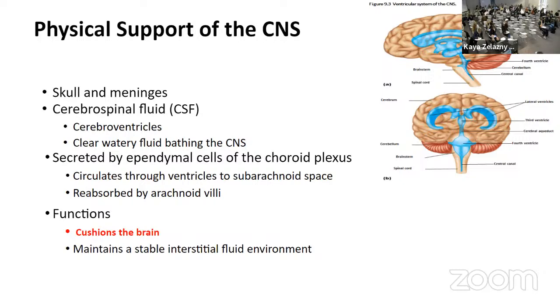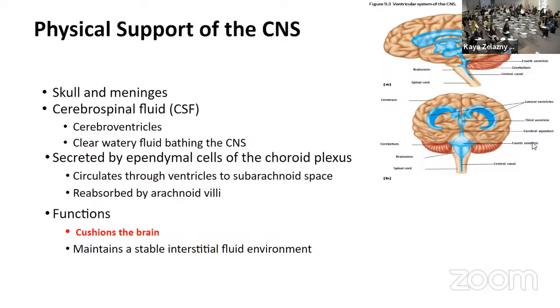The composition of the fluid in your cerebrospinal fluid is a bit different than the composition of the plasma running through your circulatory system. So we're creating kind of like a different external environment for those neurons and those glial cells. So that CSF is coming from the ependymal cells, circulating through the ventricles to the subarachnoid space.